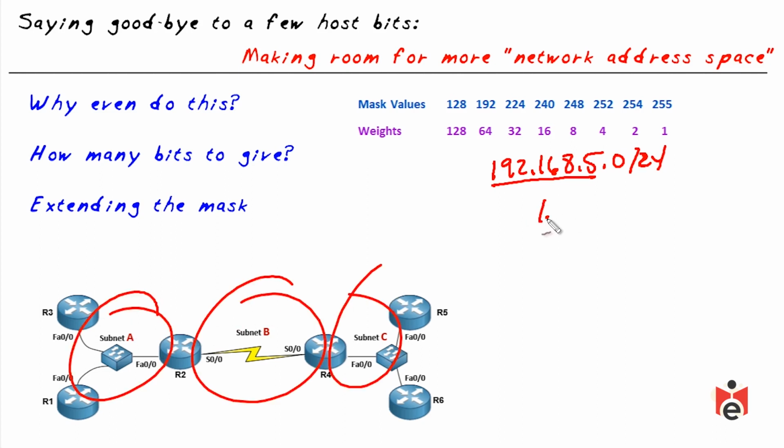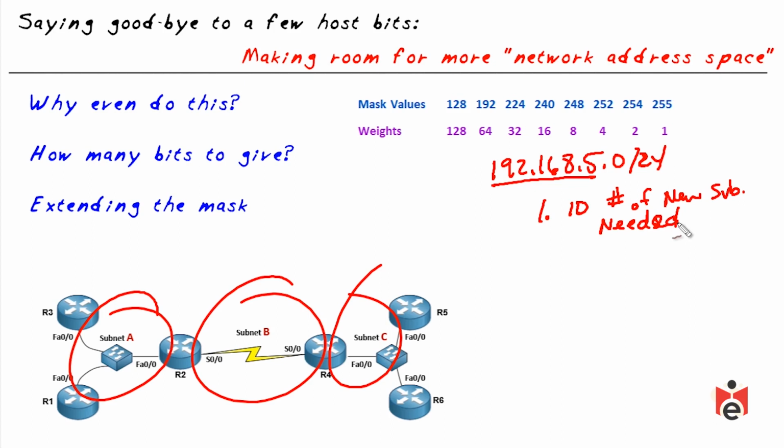So step number 1, I'd like you to write this down with me, is identify number of new subnets needed, because that is the very first step. Identify the number of new subnets needed. So once you've got that jotted down, I'm next going to share with you how you can calculate how many bits you need to take.